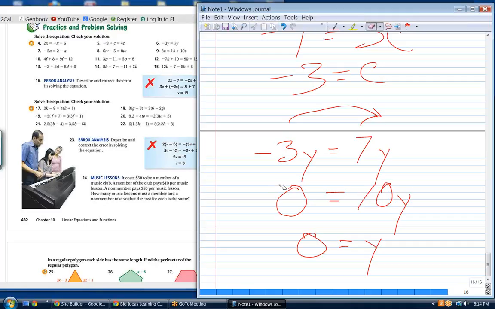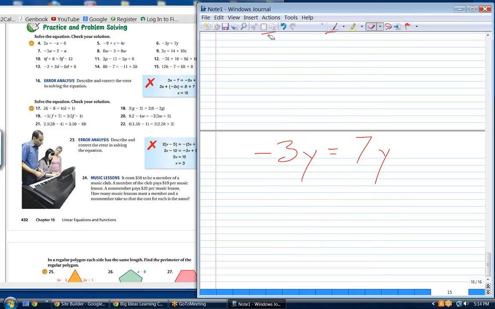Notice what else I could not do. I cannot divide both sides by y. Notice if I divide both sides by y, I get minus 3 equals 7. The reason is because you can never divide by 0.